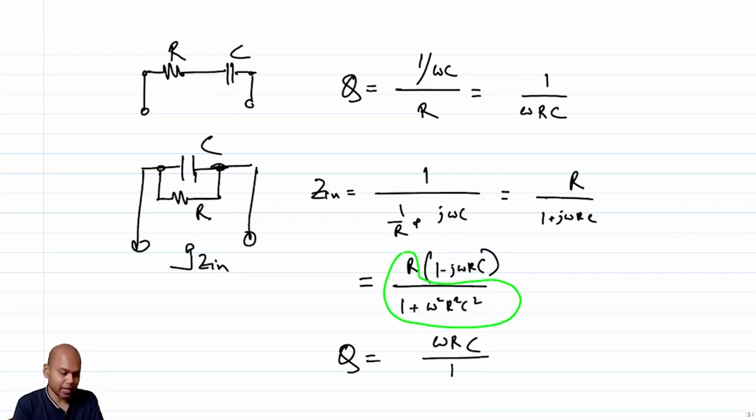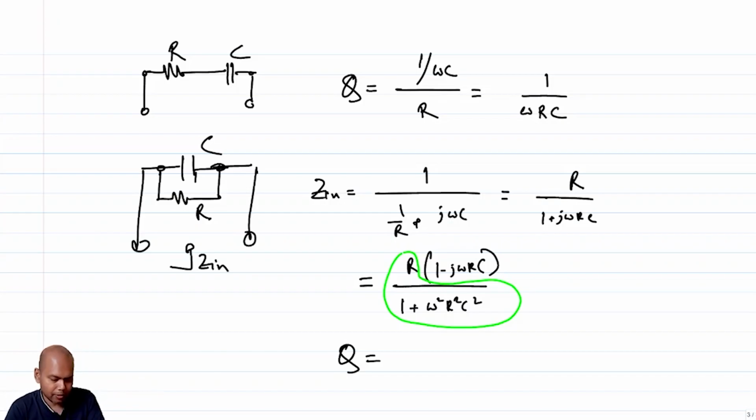I mean, don't bother with the negative sign. Q is always positive, so you take the mod, right? So these are all approximations, or rather a cut down expression of what the energy stored and energy dissipated are, right?